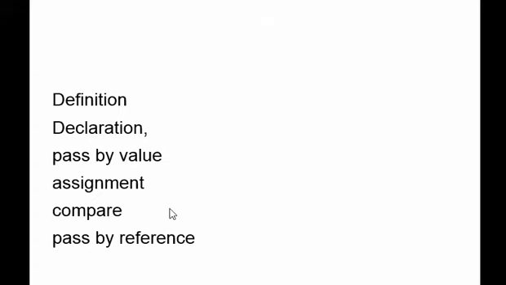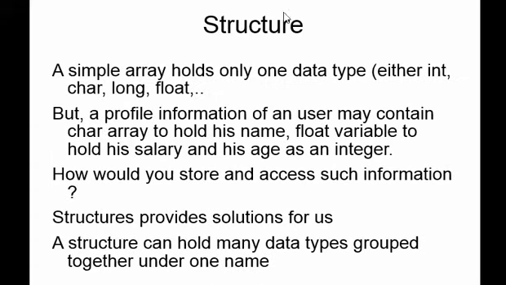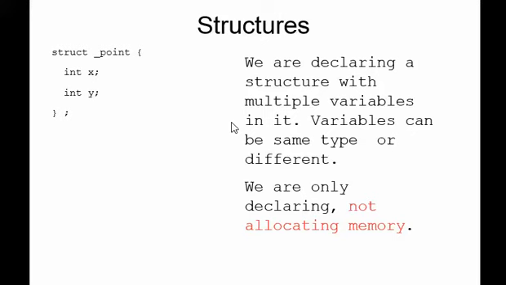Okay, like we talked, structures provide us a variable to store all this information. In here, we define a simple structure, all right, with the two variables, x and y, and this is a tag name underscore point.